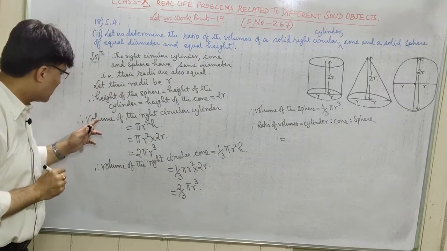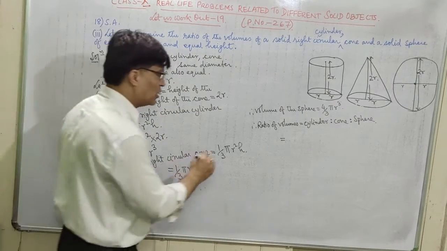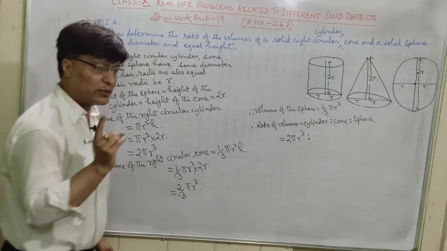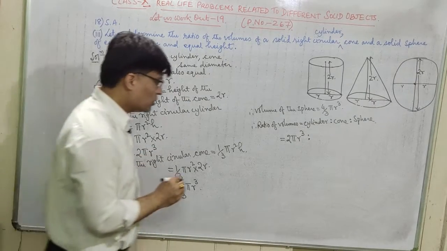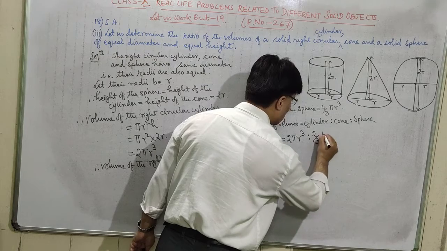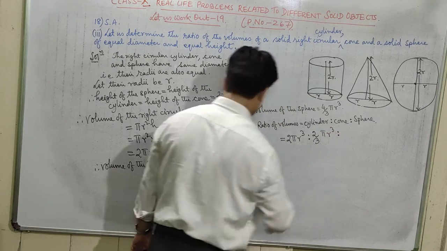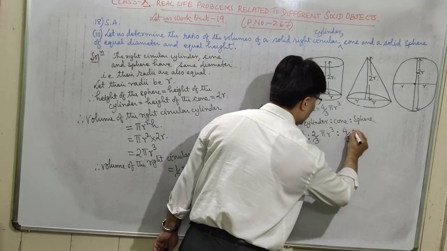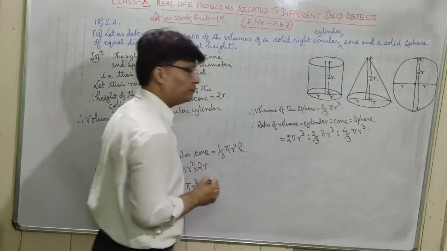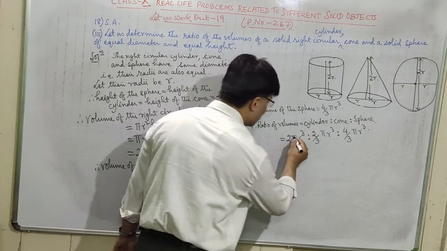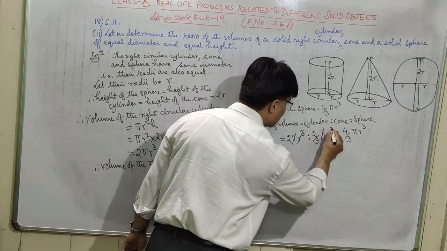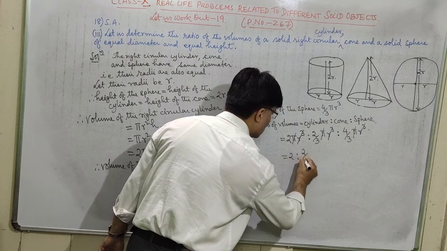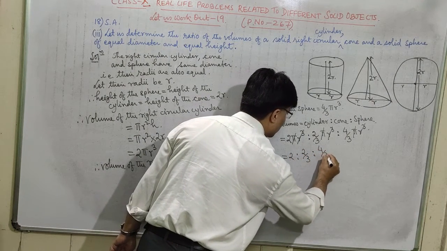The volume of the cylinder is 2 pi r cube, the volume of the cone is 2/3 pi r cube, and the volume of the sphere is 4/3 pi r cube. Okay. Now we can cancel similar terms. Pi r cube gets cancelled, which is equal to 2 is to 2/3 is to 4/3.